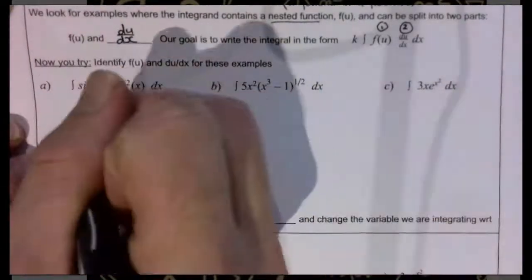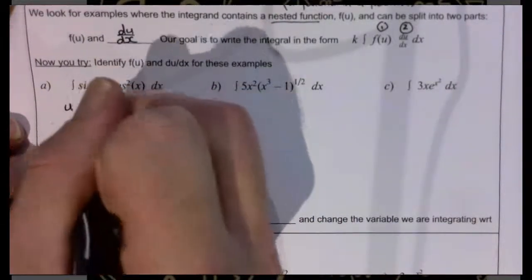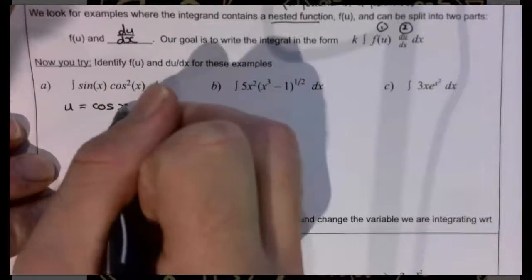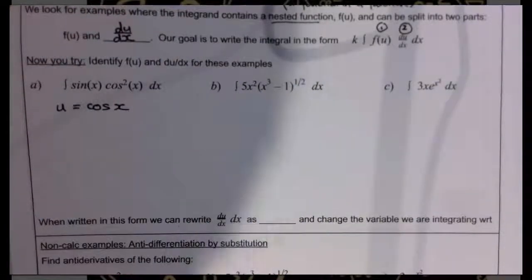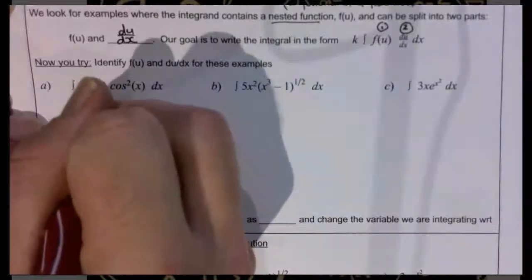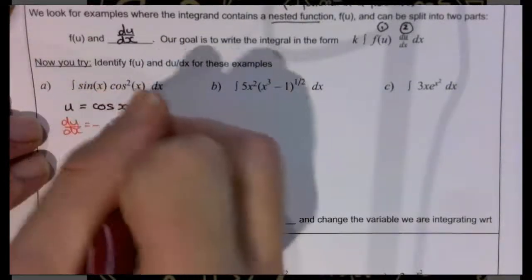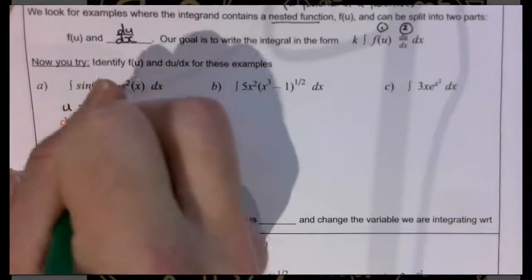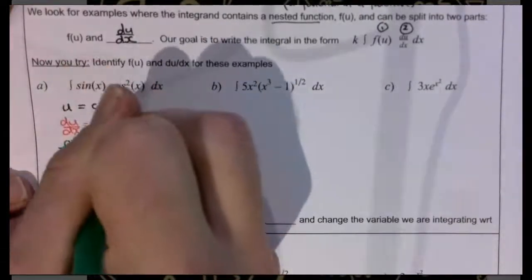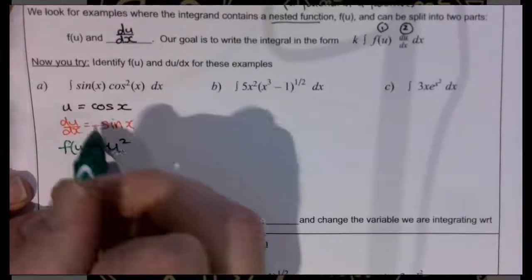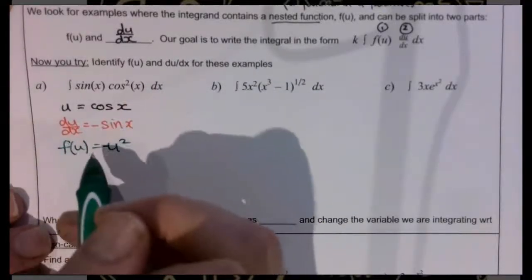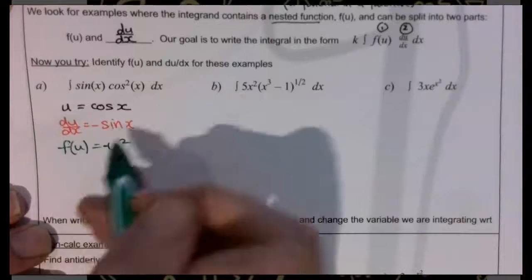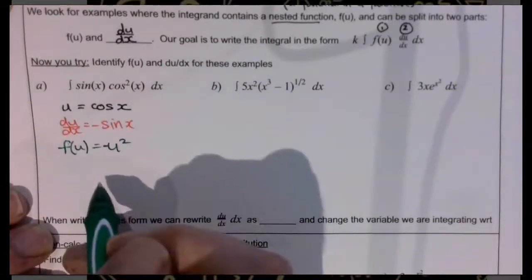Okay, let's have a look at this. For this first one here, if I say that u equals cos x, well then I know that du by dx is minus sine x, and I can see a sine x there, and this bit here I could say is f of u, which is minus u squared. And I need these two negatives here, if we think about it, so that they cancel out to give me an overall positive thing.